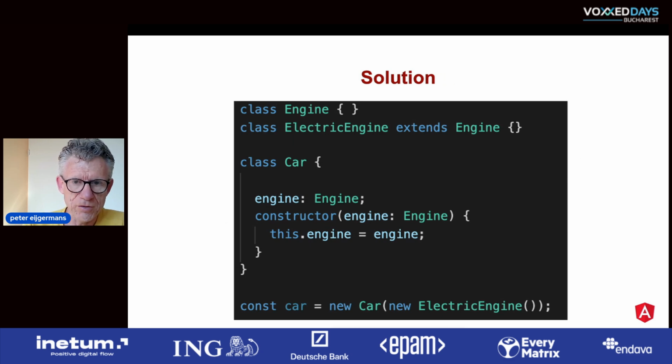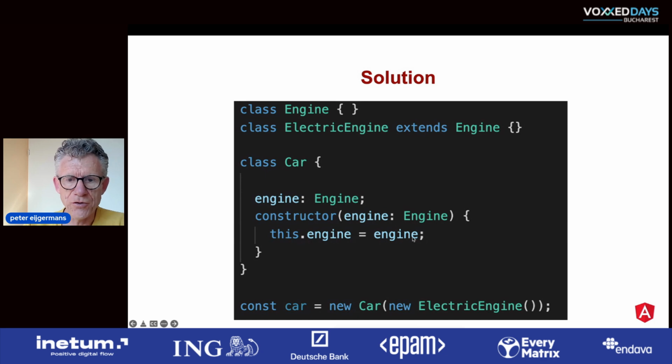Here you see a solution where we create our engine at another place, somewhere else. Here we inject it in our constructor, outside of the car class. And that is the better way. So now it is better testable. Via the constructor, we get the right engine.